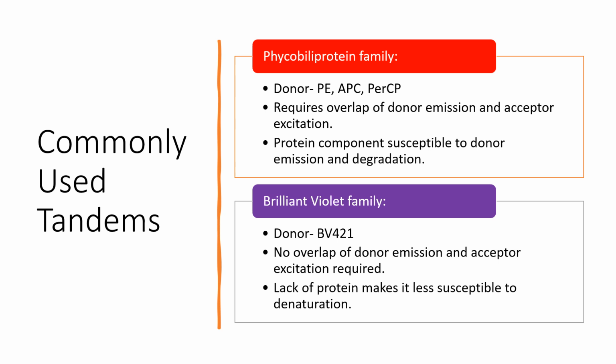They also have a protein component, which therefore makes them susceptible to degradation. In the brilliant violet family, the donor is always BV421. This family does not require an overlap of donor emission and acceptor excitation spectrum. They also lack protein and therefore are less susceptible to denaturation.